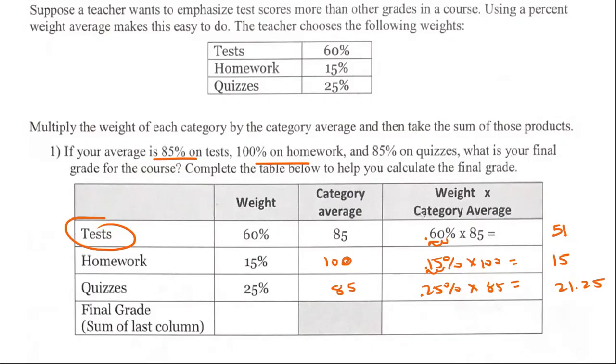So this is a numbers game. That's why I really emphasize that if you're not a good test taker, then you want to max out on the other categories, the homework, the labs, the quizzes, and all the other assignments, because it gives you a little bit of buffer.